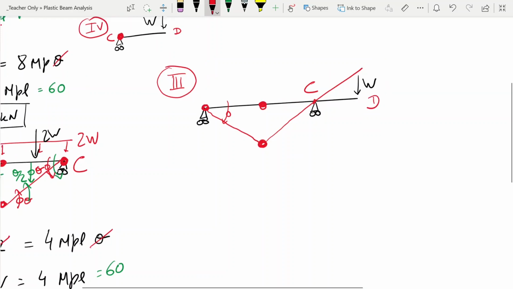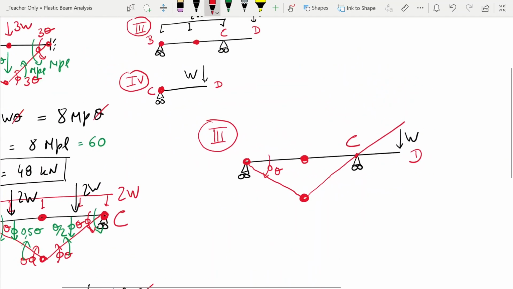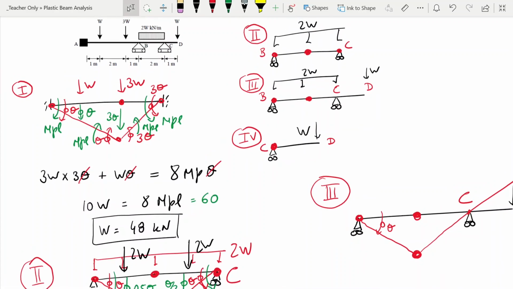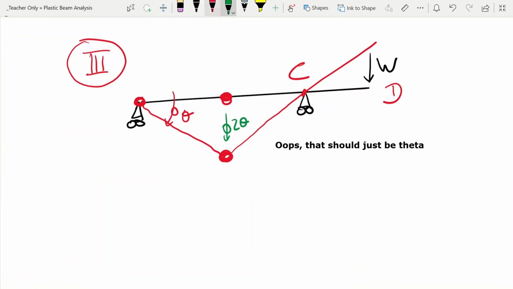Now, let's look at the deformation here. So if this one is theta, we need to go and check the dimensions. So we know it's 2 meters, and then CD is 1 meter. So if that's theta, we know this bit here is 2 theta. That means this bit here is also theta, and that bit over there is also theta. So all of these angles are also equal to theta.